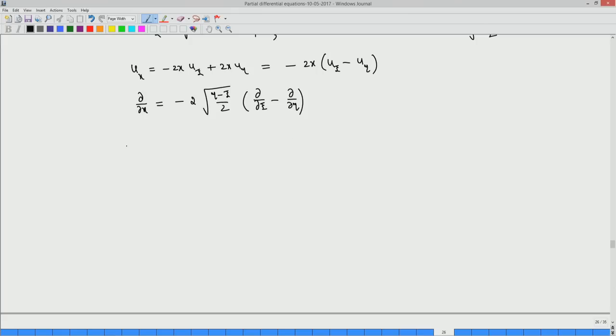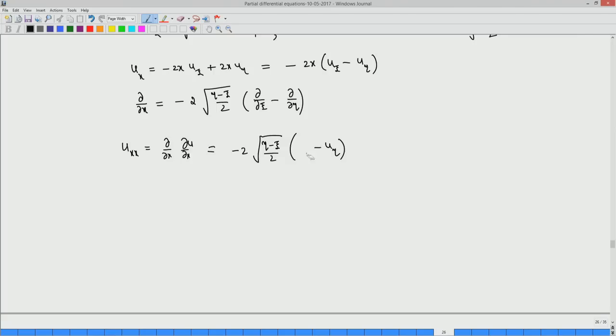Once you know this, you can get your uxx. Uxx is dou x acting on u. So, if you write it, minus 2 square root of eta minus xi by 2, and then you have u xi minus u eta.